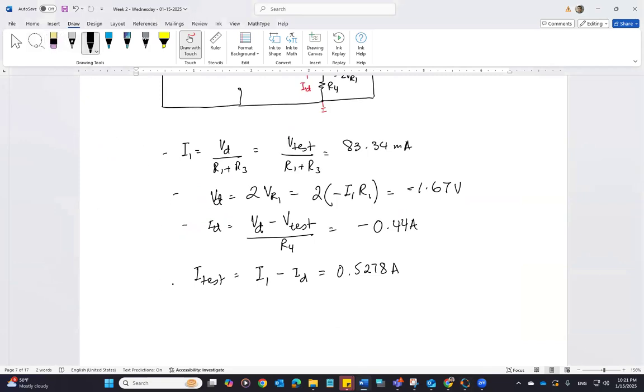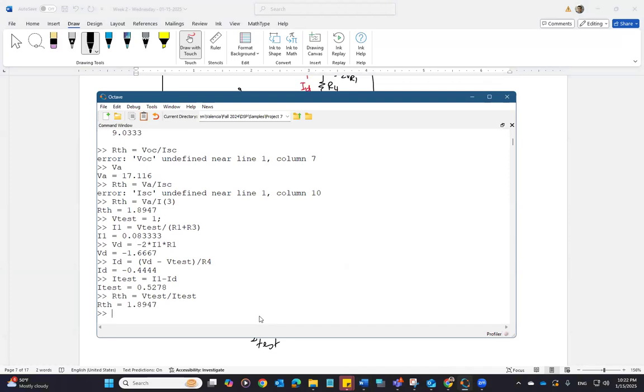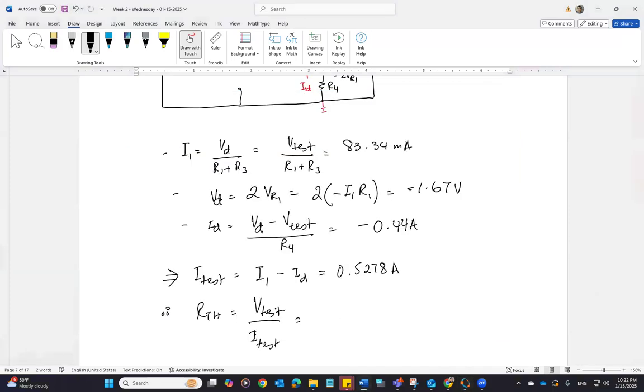Which implies that our Thevenin is equal to V test over I test, which is 1.8947.